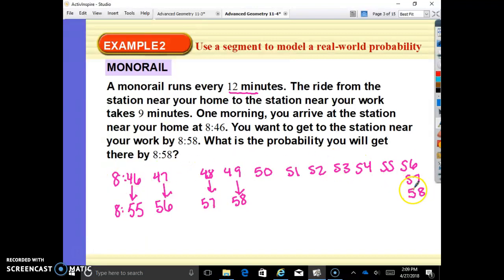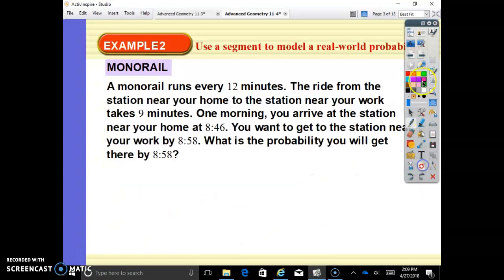That's the amount of time that it could take to get there. But only 1, 2, 3 out of the 12 is going to be possible for you to get to work on time. 3 out of 12 reduces to 1 out of 4, 0.25. You have a 25% chance of getting to work on time.